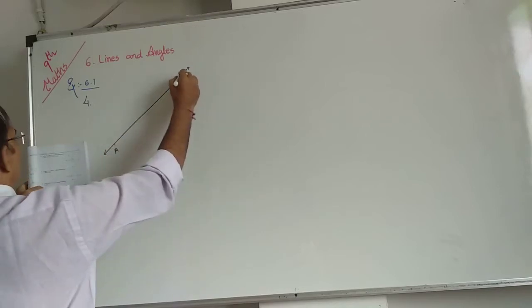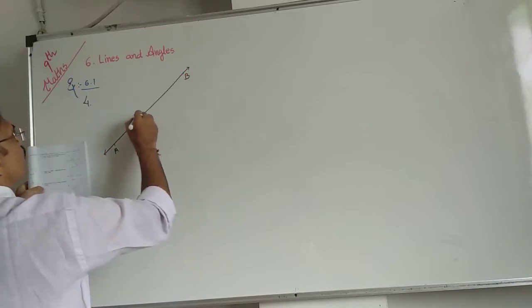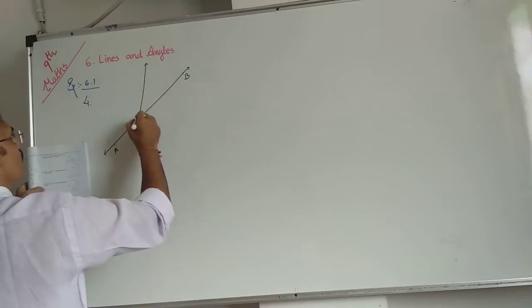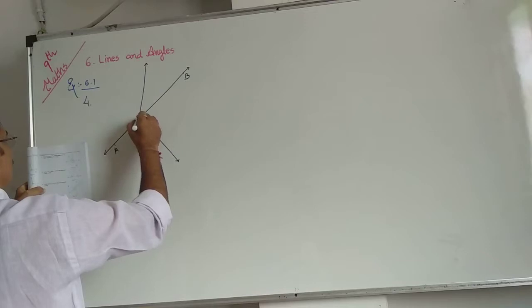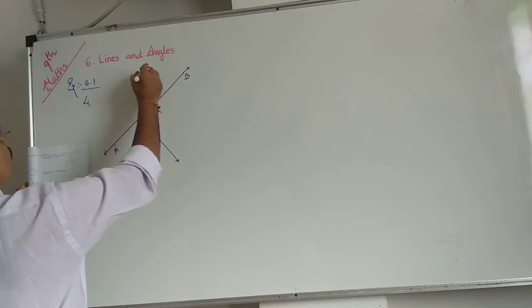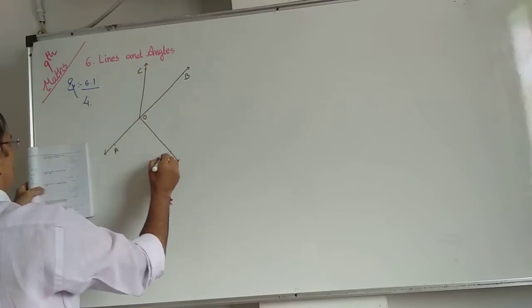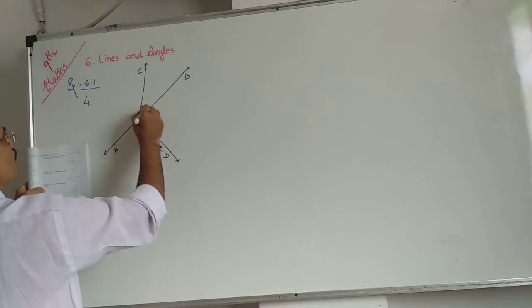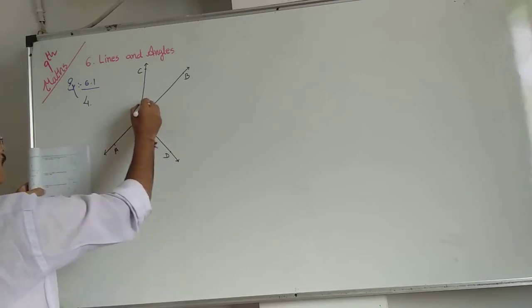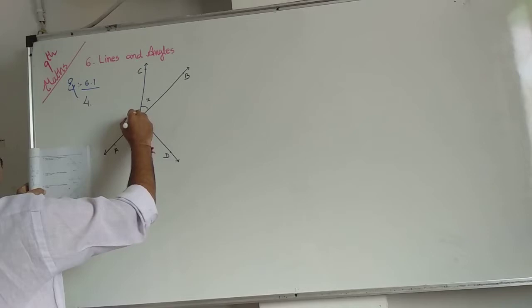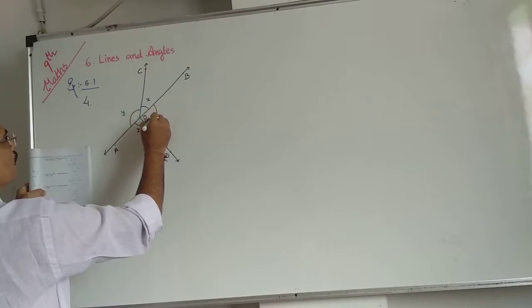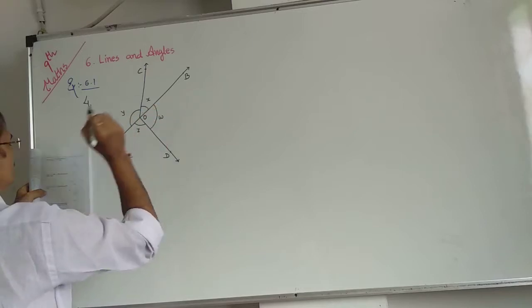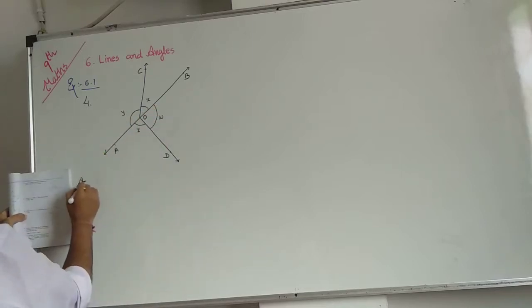A, O, B, C, B. This angle is given X. This is given Y. This one is given Z. This one is given W. What is the data?